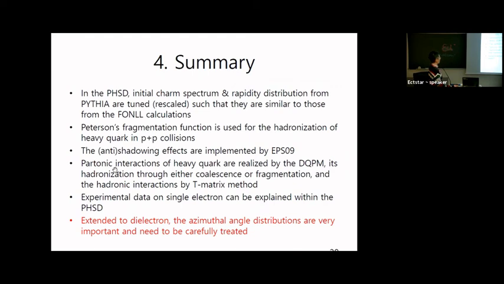In heavy ion collisions, parton interactions are realized by a dynamical quasi-particle model and its hadronization through either coalescence or fragmentation, and the hadron interactions by the T-matrix method. Experimental data on single electrons can be explained within the Parton-Hadron-String Dynamics, and extended to dielectrons, the azimuthal angle correlations are very important and need to be carefully treated. Thank you for your attention.